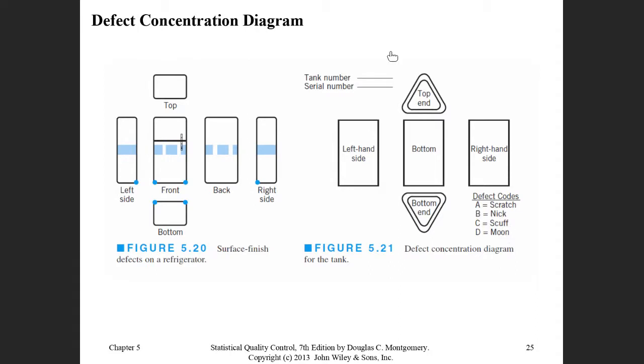For example, here on the right side, they identified A as a scratch, B as a dent, C as a scuff, D as a mar. This is regarding the tank example here, but on any product, the defect identification code will vary or be different.